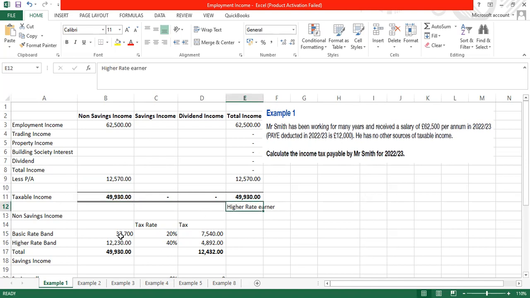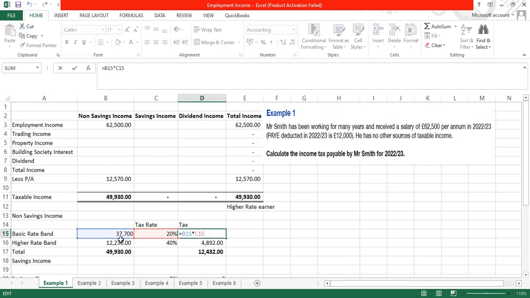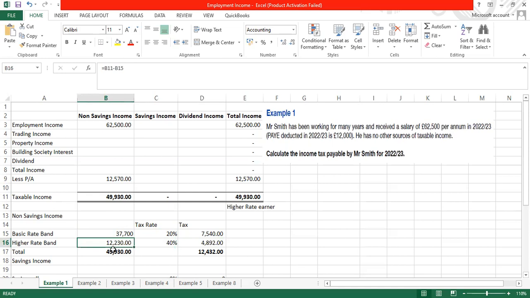For the first 37,700, we apply 20% tax. 20% of 37,700 is 7,540, and 49,930 minus 37,700 is equal to 12,230. We need to apply a 40% rate on this because he is a higher rate earner.